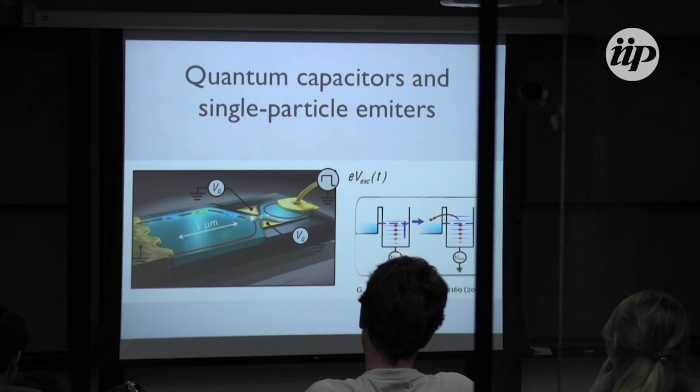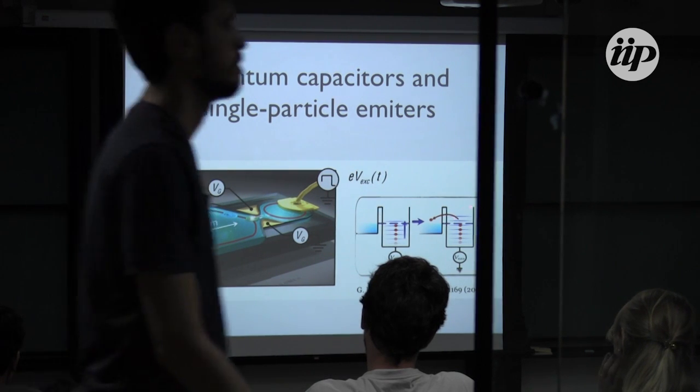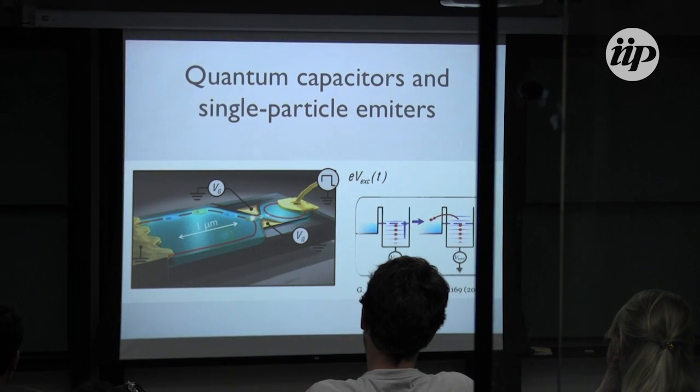So when you move these levels and you put one of these levels up the Fermi sea of the rest of the structure, one electron can be injected into the Fermi sea.